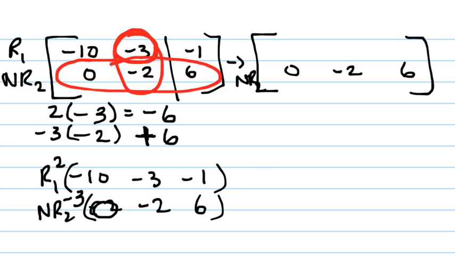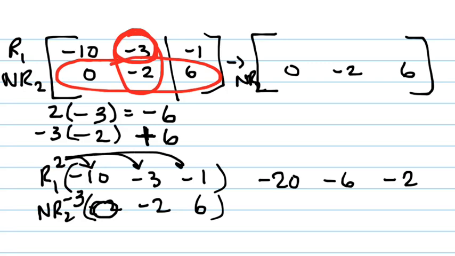Multiplying that out gives me negative 20, negative 6, negative 2. All I'm doing is distributing, right? Whatever I choose to multiply by has to be multiplied times the whole row. Negative 3 times 0 is still 0, so it doesn't change that part. It gives me a 6. Negative 3 times that gives me negative 18. And now I'm just going to add those two together, right?